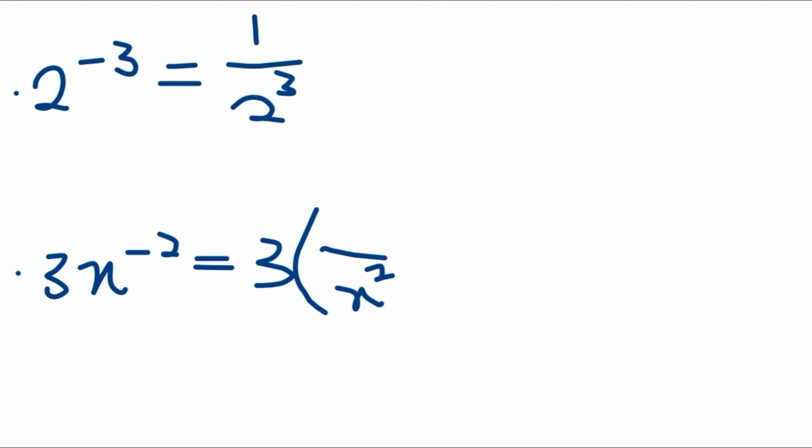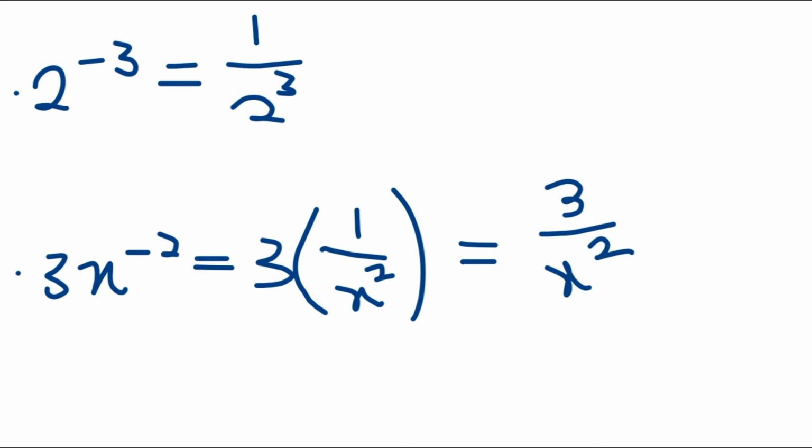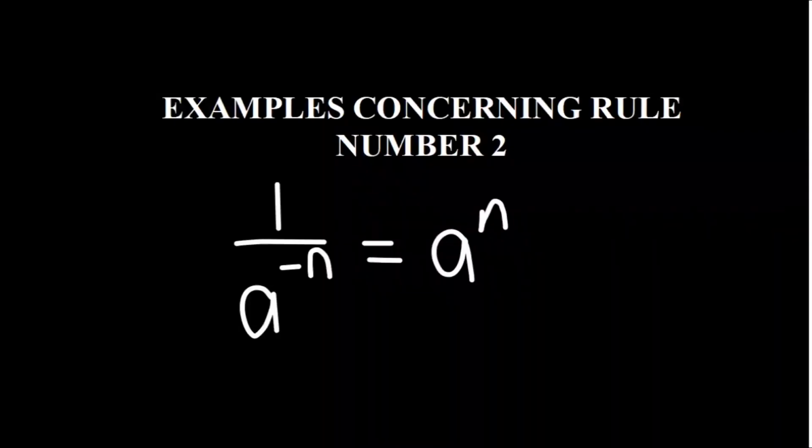Now when you multiply 3 with 1 over x squared, that gives you a final answer of 3 over x to the power of 2, because 3 multiplied by 1 gives you 3. So this is your final answer.